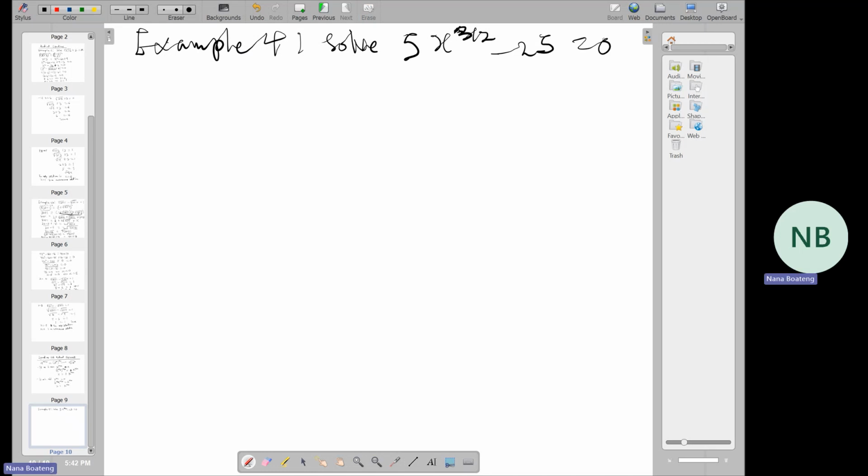All right, so here let's add 25 to both sides. If we do that, then we have 5x power 3 divided by 2 is equal to 25.